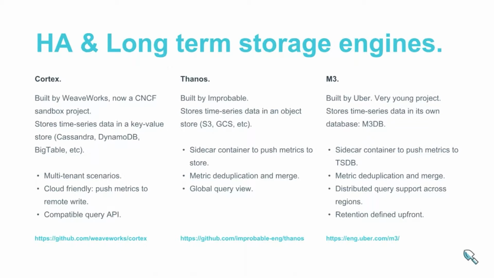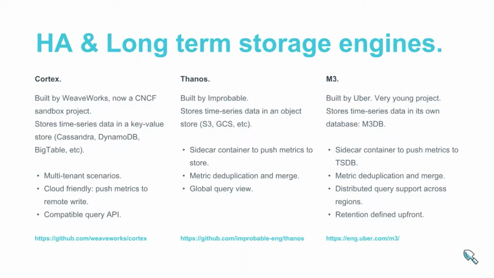The way that Thanos works is we deploy a sidecar container alongside each Prometheus server that will consolidate the metrics and send them into those object storage buckets. There is metric deduplication. We can merge metrics and information coming from different blocks, and it offers a global query view. Still, something that you need to manage.